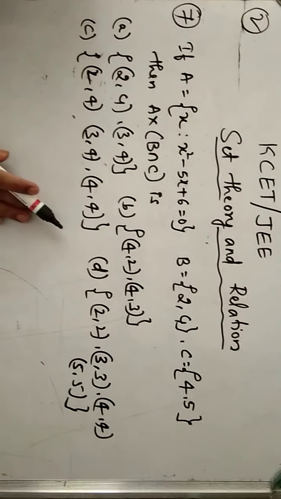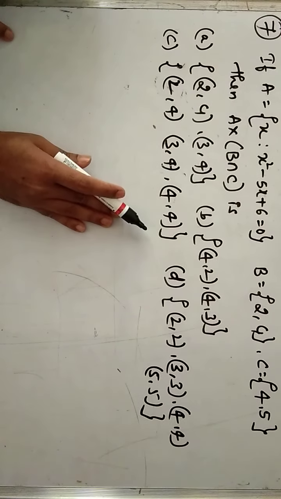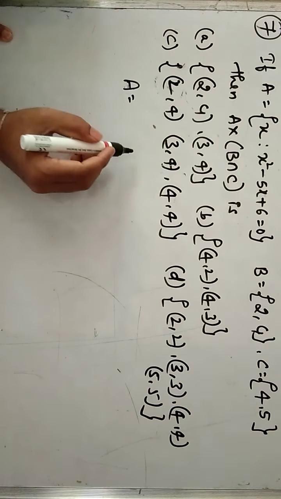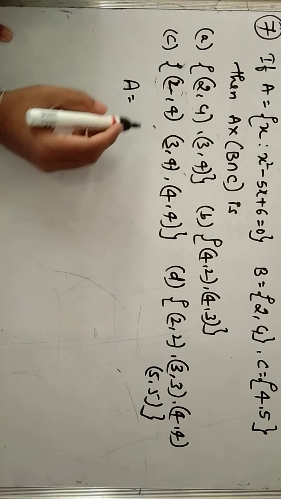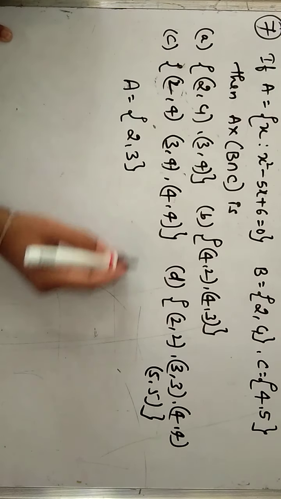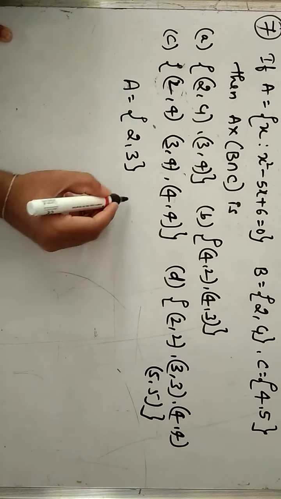First I will write the sets A, B, C. If you solve this quadratic equation, you will get A = {2, 3}. Then B is equal to {2, 4}, and C is equal to {4, 5}. These are the 3 sets.